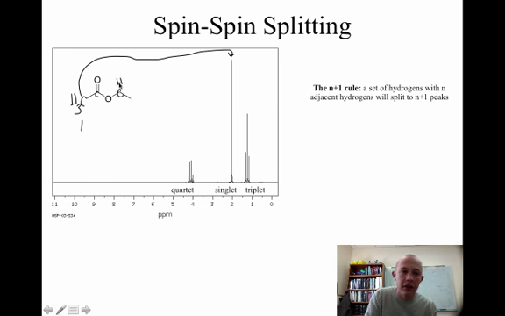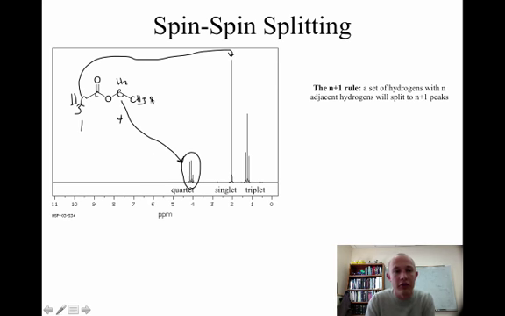Here we have a CH2 and a CH3. If we look at this CH2 and we look at the carbon next to it, there's 3 hydrogens. 3 plus 1 is 4. So we should see 4 peaks, or a quartet. So this CH2 is associated with this quartet, right? Because by the n+1 rule, we should expect to see 4 peaks since there's 3 hydrogens next door.